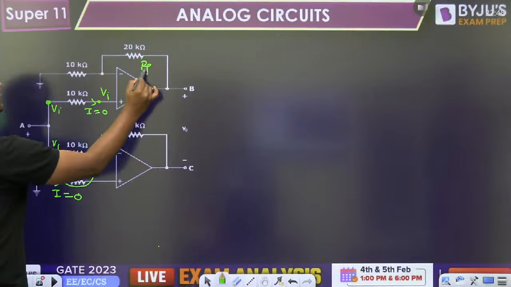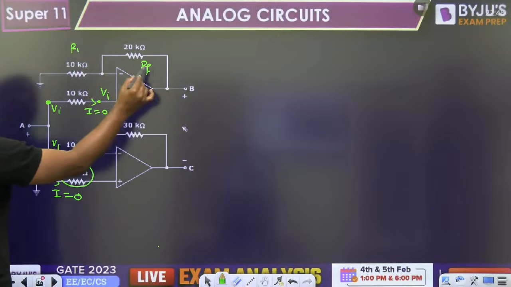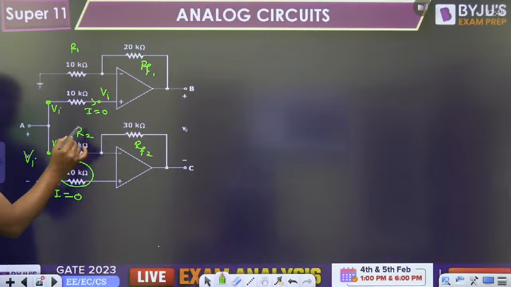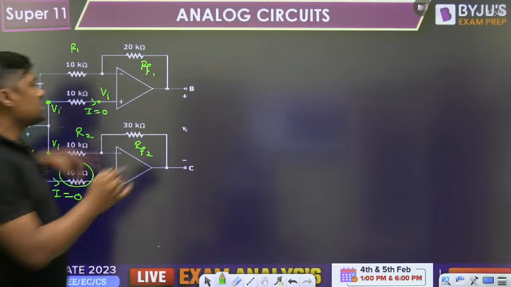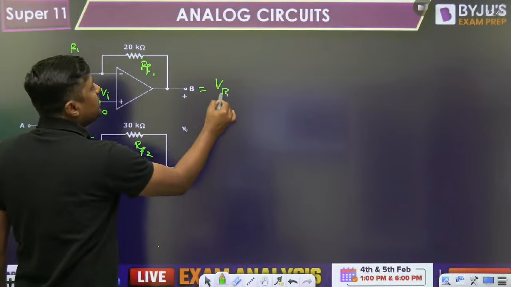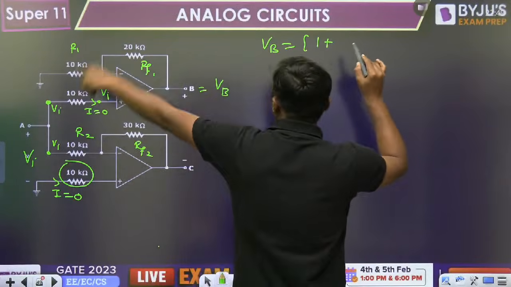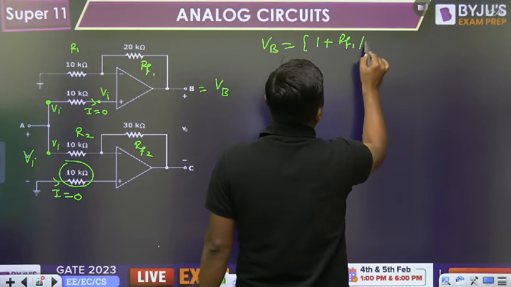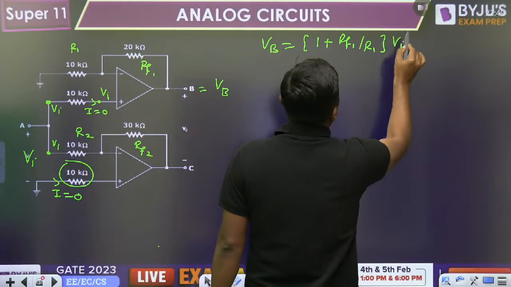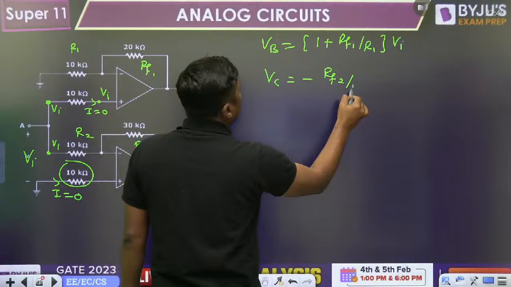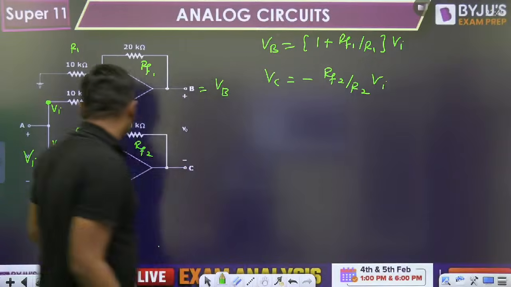So what is the gain for the inverting operational amplifier and non-inverting operational amplifier? For this, the voltage at the B terminal will become 1 plus RF1 by R1 into VI. And VC will become minus RF2 by R2 into VI, because VI is the same.